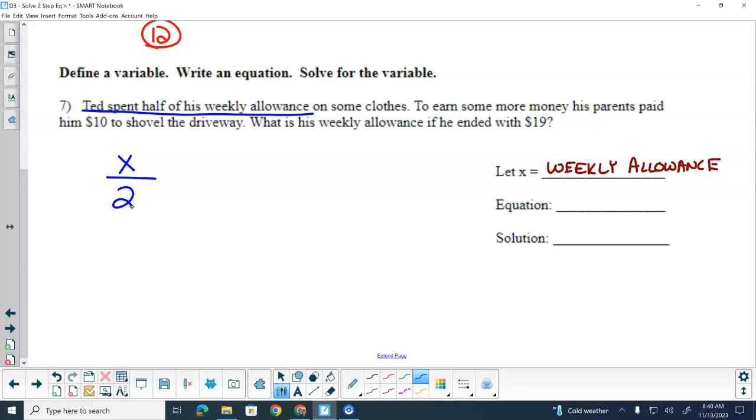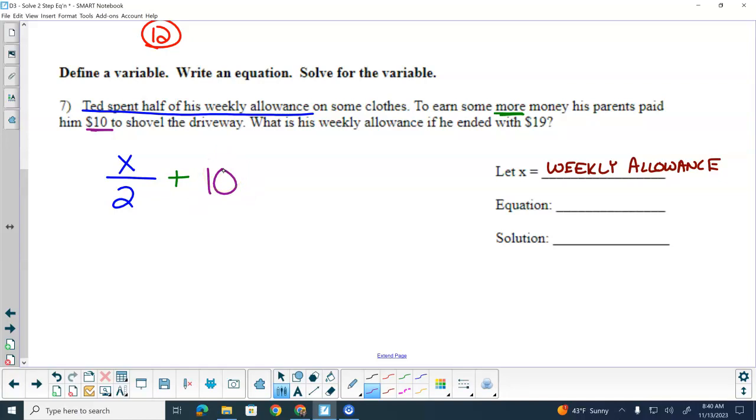Okay? Then, she's going to get more money. So how do I represent more in math? Plus. More is going to be plus. How much more is his parents giving him? $10. Okay? So $10 is how much more he's getting. Okay?